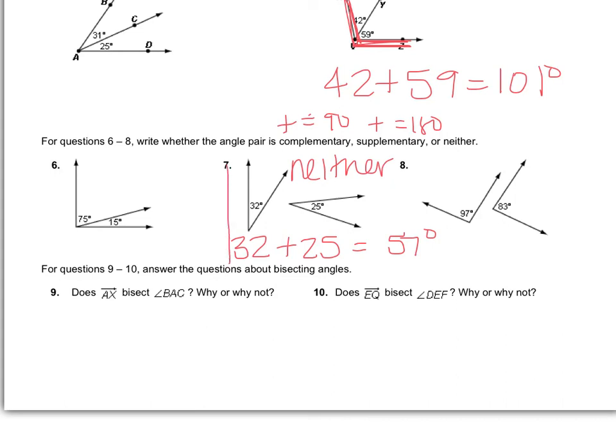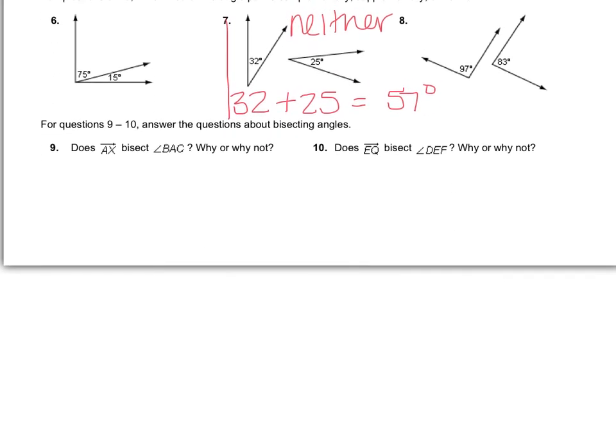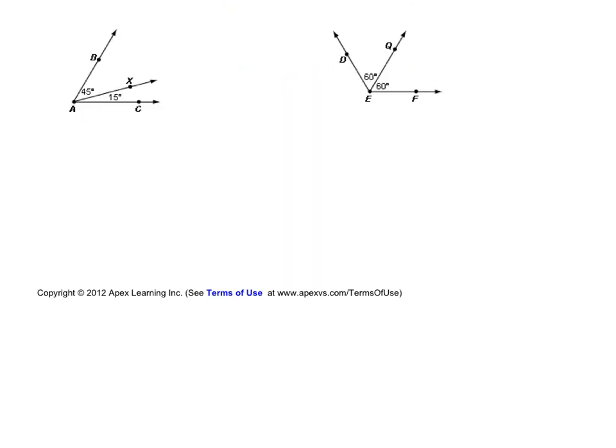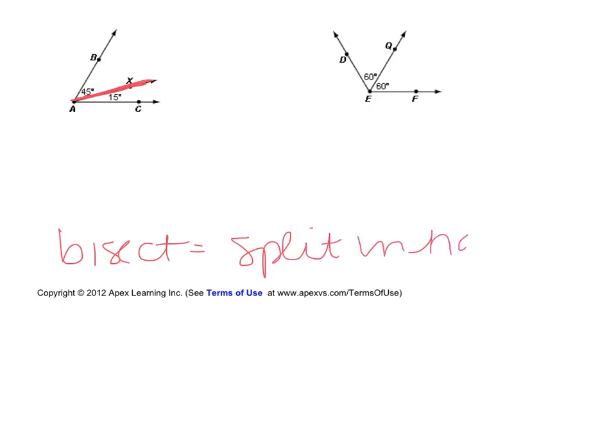And the last thing, number 9, says, does AX bisect BAC? Why or why not? So looking at the next picture, and you may or may not have this picture, but if you do, that's good. If not, then you can just look at this. Well, it wants to know if this piece bisects. Remember, to bisect means to split in half.